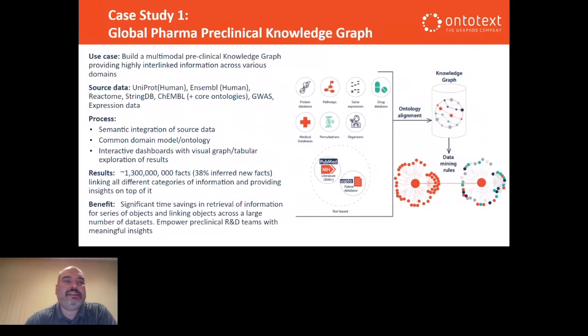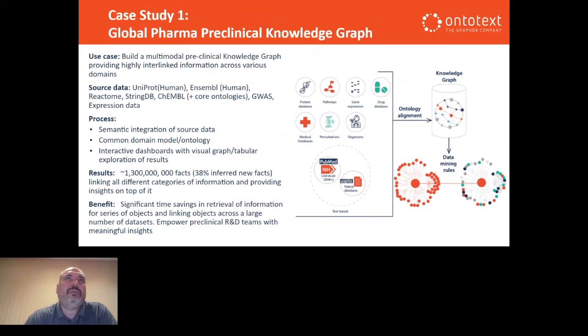Very quickly, a few use cases that were built on top of the LinkedLifeData inventory. The first is we have built, together with a big pharma company, a multimodal preclinical knowledge graph integrating data from 8 public data sets. You can see which are those. We started with the initial semantic data integration steps, then alignment to the customer domain model, and improving the interconnectivity of the data sets with additional mappings that we already have in the data inventory as part of each of those data sets.